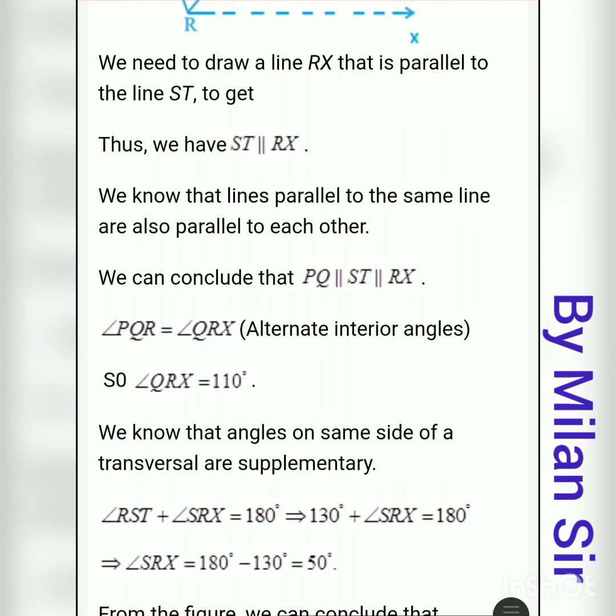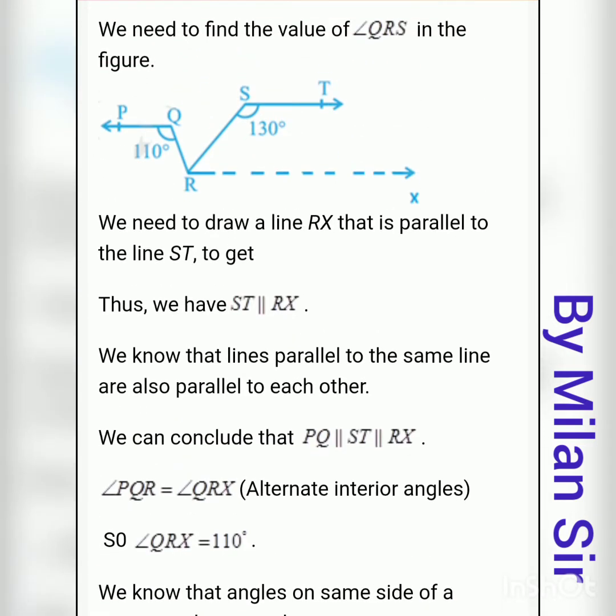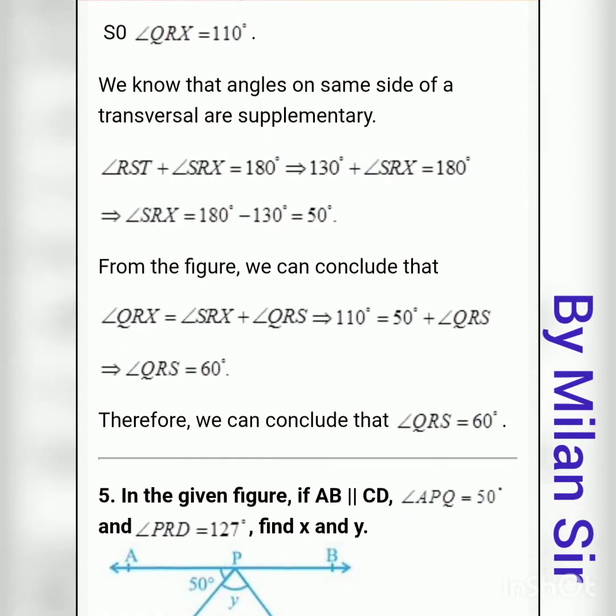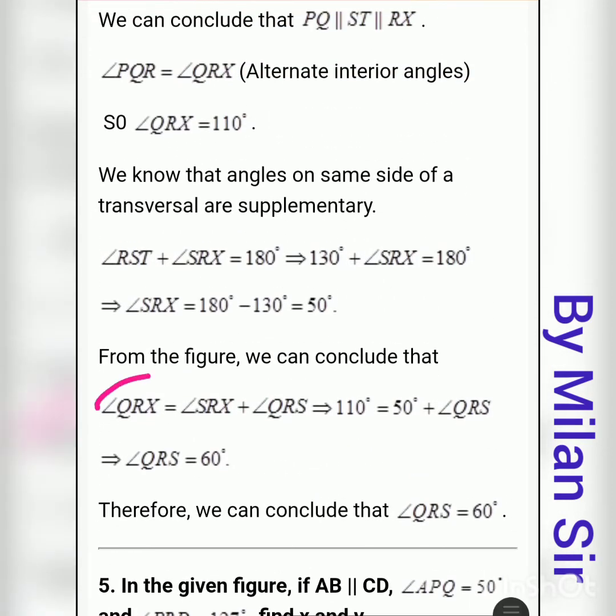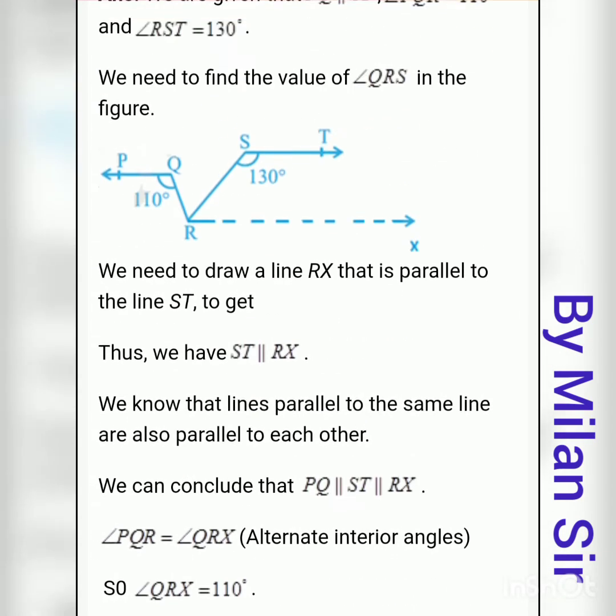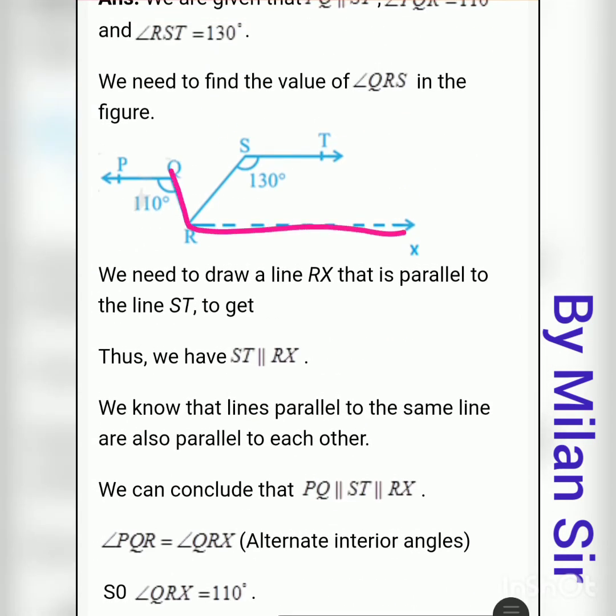Okay, so these two are interior angles on the same side of the transversal. From here we get the value of angle SRX is equal to 50 degrees, this one. Now from the figure, QRX is equal to SRX plus QRS, right?